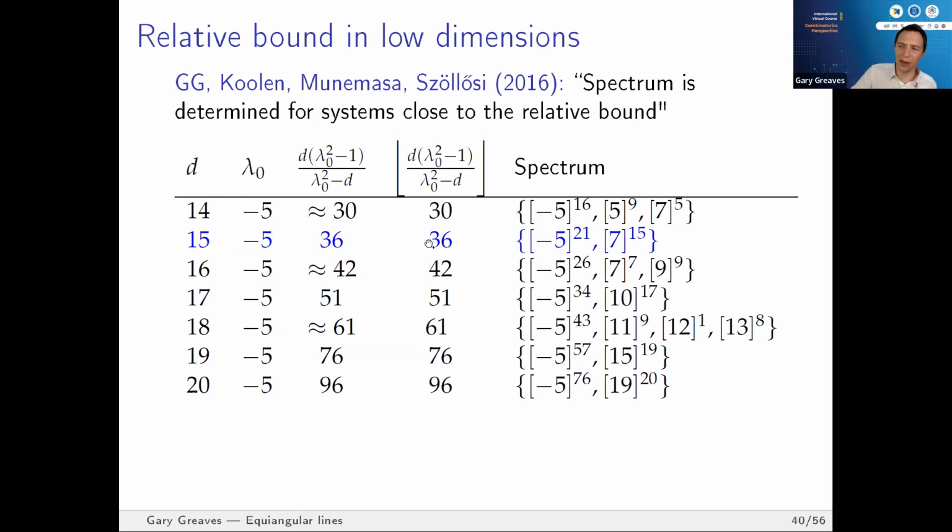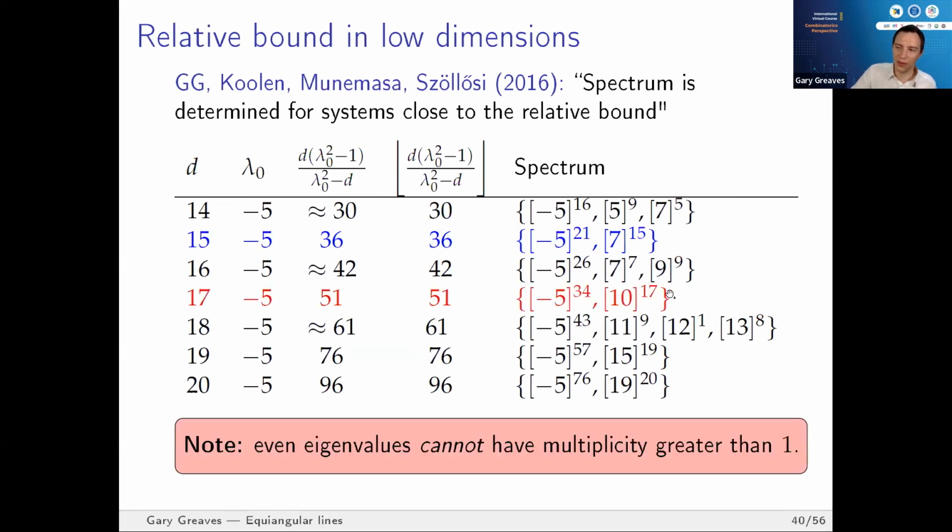So firstly, I colored this one blue because there do exist 36 lines in dimension 15. This one is quite easy to show it doesn't exist because it has an even eigenvalue of high multiplicity. So it should have an eigenvalue 10 with multiplicity 17.